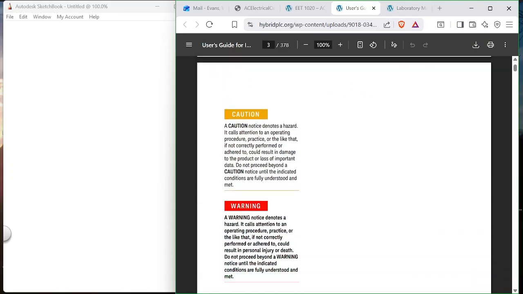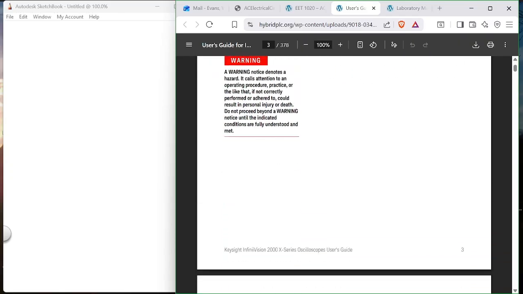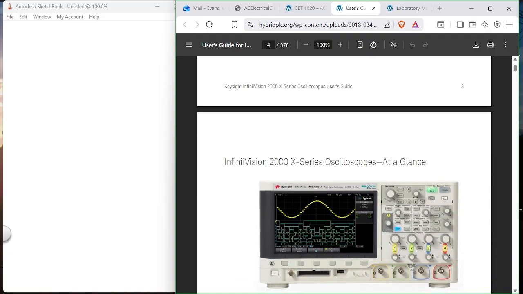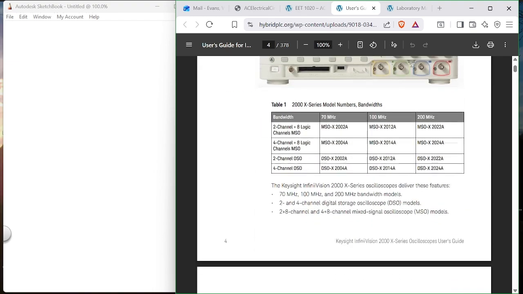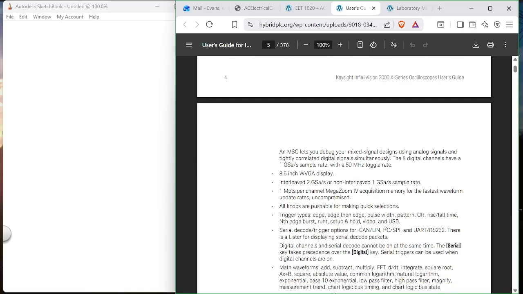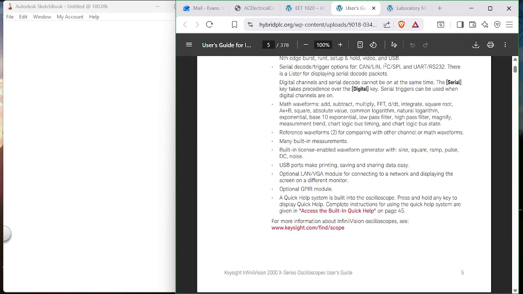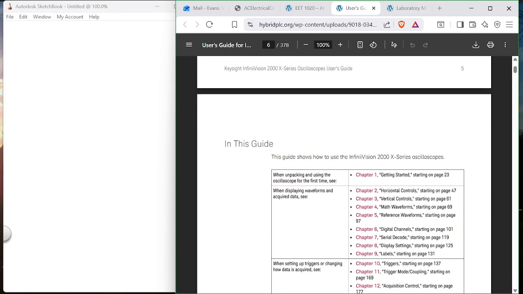Not that you're going to gain great insights from this, but the more you get familiar with this specific model, a 2-channel model, which is one of the cheaper ones, the better you're going to be able to do these labs.